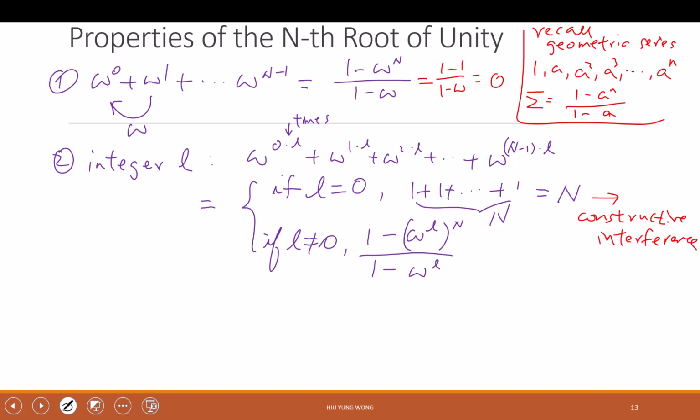Of course, I can swap it because I already said this is just equal to omega to the power n, to the power L, divided by 1 minus omega to the power L. And then omega to the power n is 1, so this is just 1 minus 1. And luckily, because L is not 0, it's not 1 minus 1 in the denominator. So this is 0. What would you call this phenomenon? Destructive interference.